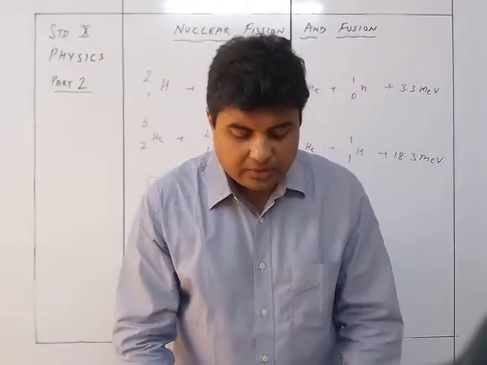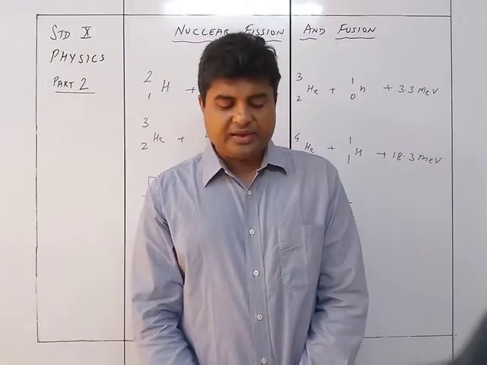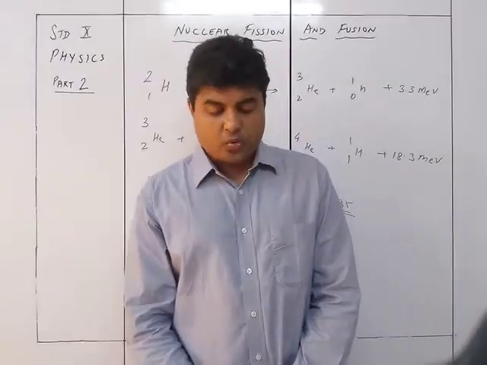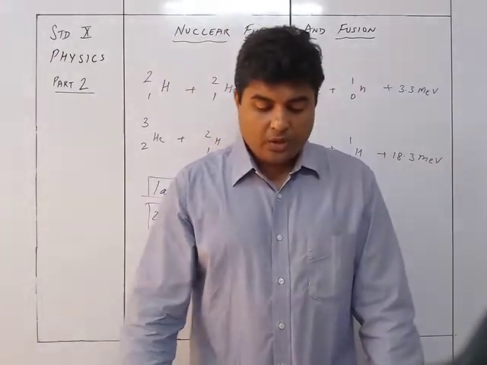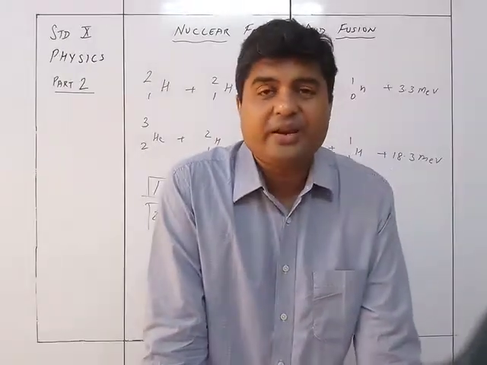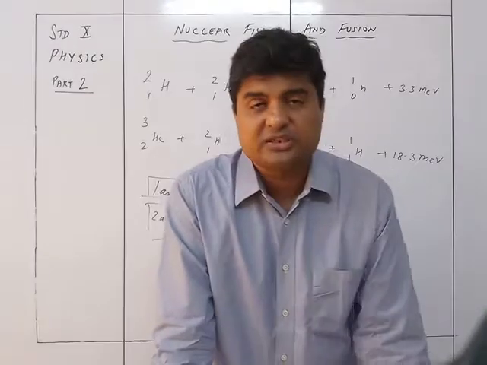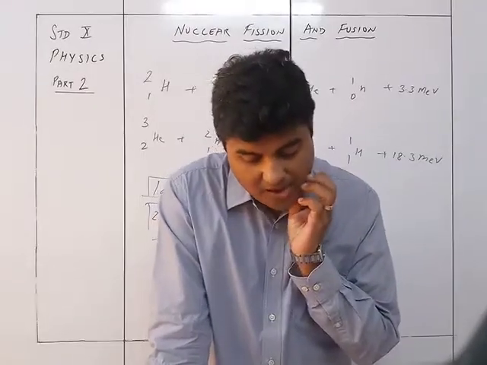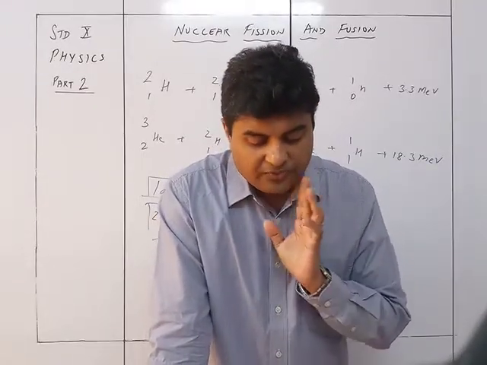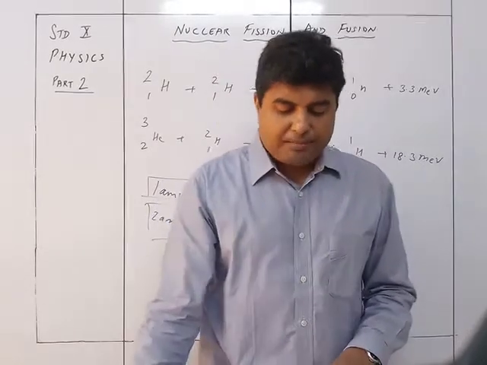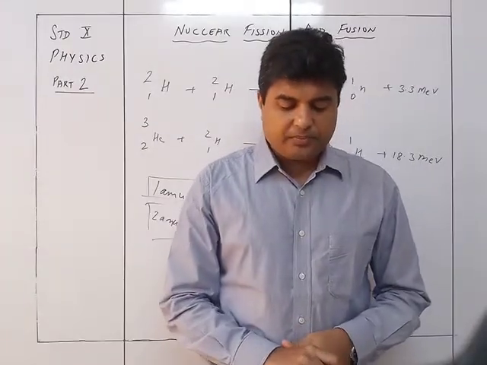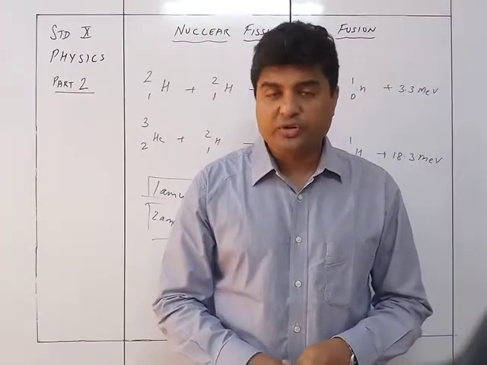In one nuclear fission reaction, nearly 190 mega electron volt energy is released. In one nuclear fusion reaction, nearly 24.7 mega electron volt energy is released. In nuclear fission, for the same mass, the energy released is less than that of the fusion process.